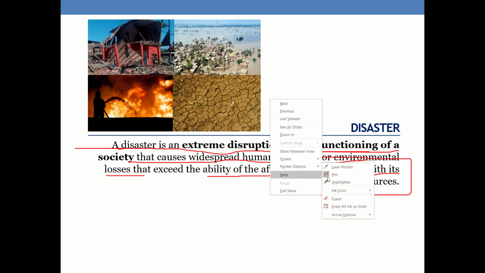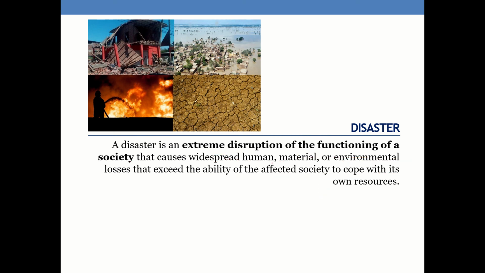There are certain keywords here: extreme disruption of the functioning of society, and widespread loss of human, material and environmental things, to such an extent that the society cannot cope.